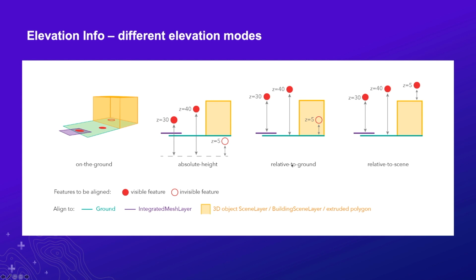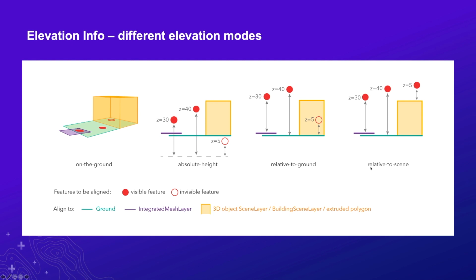The next mode is relative to ground, and this one also keeps the set values, but it does not align them to the level 0, but to the actual layer that is below your feature. So if there's an integrated mesh layer, it will take into consideration the height of that layer at the point where it intersects the feature, and it will also add the set value of the feature.